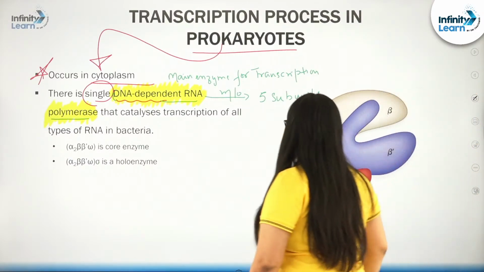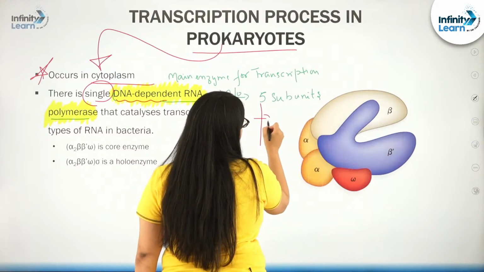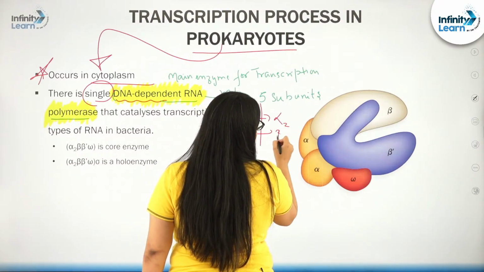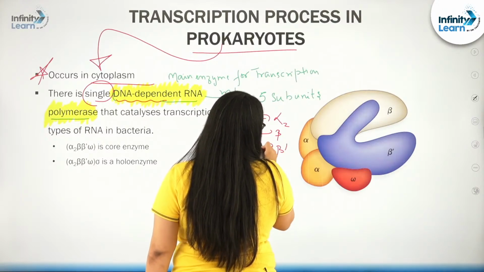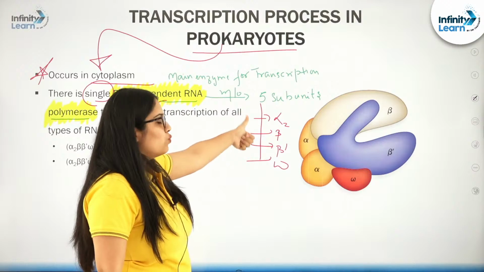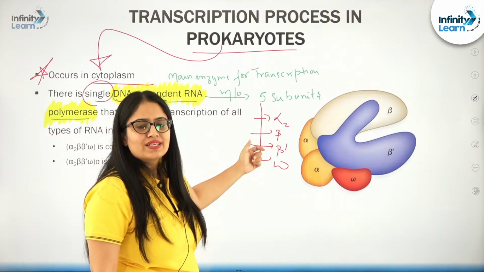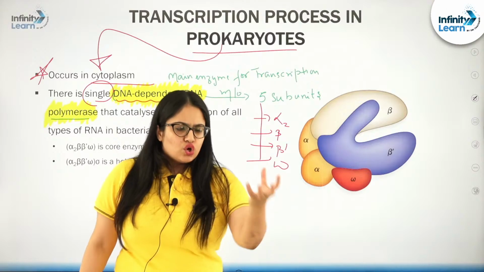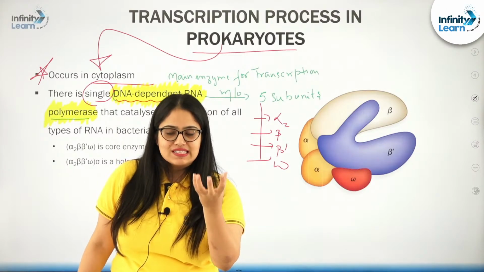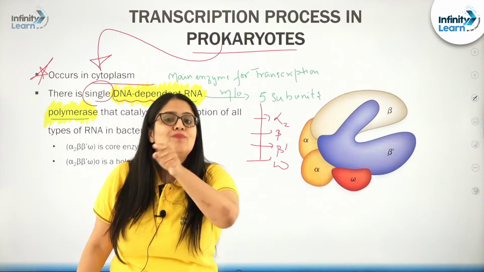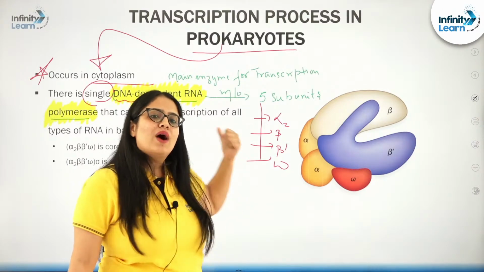Right? What are the 5 subunits? The 5 subunits are 2 alpha, 1 beta, 1 beta dash and 1 omega. So, 2 alpha units, 1 beta, 1 beta dash unit and 1 omega unit are the 5 units making the core part of this enzyme known as DNA dependent RNA polymerase. Why is the name DNA dependent?